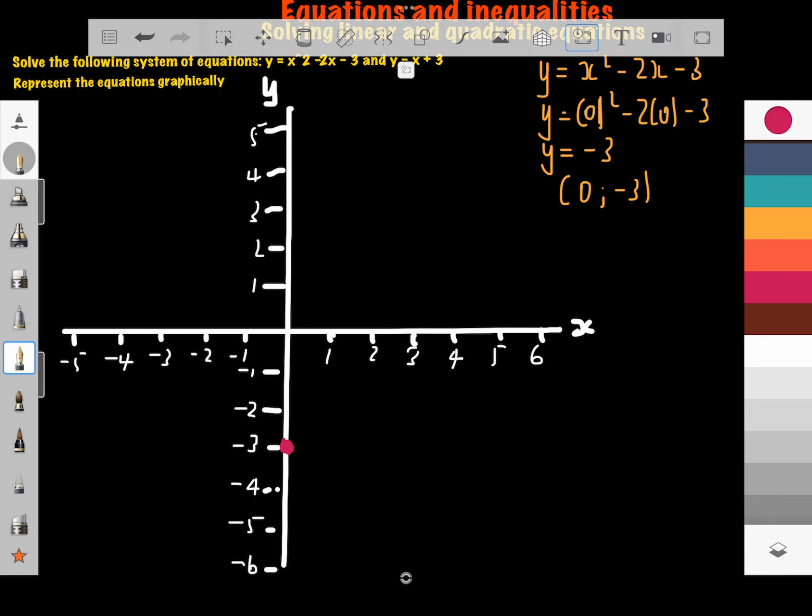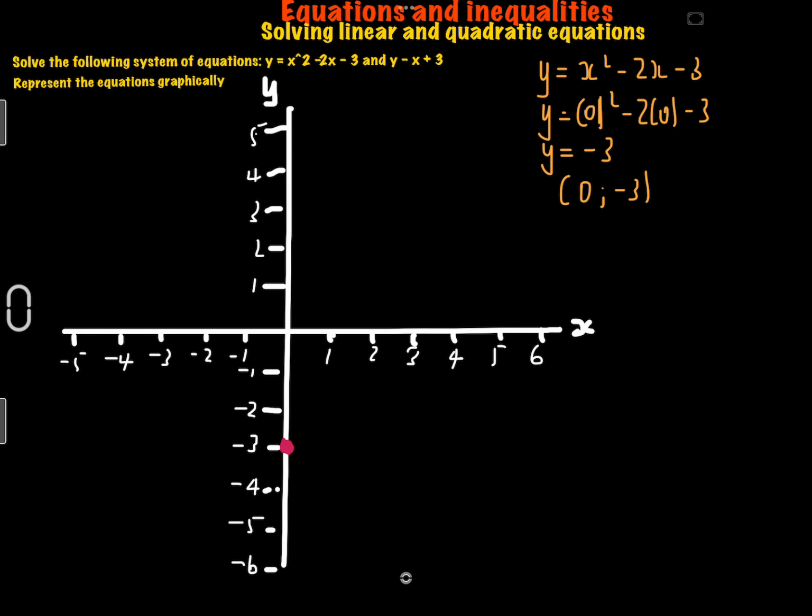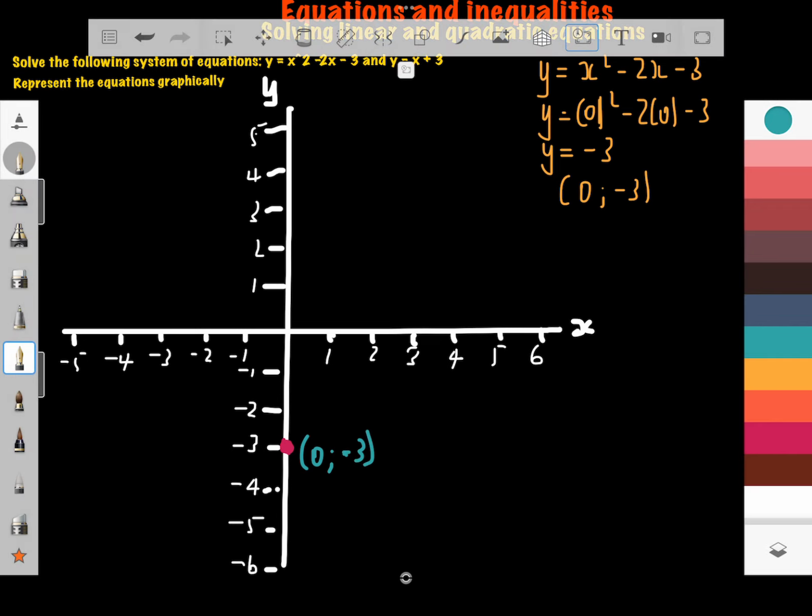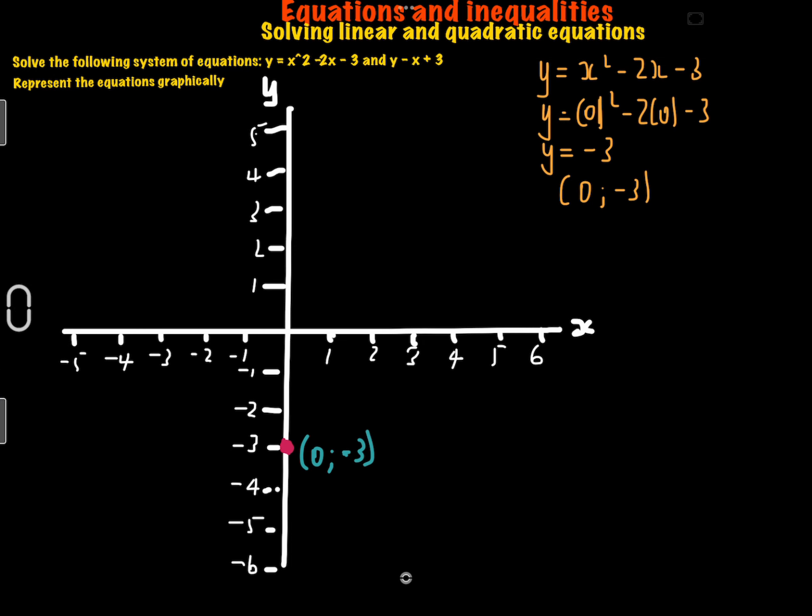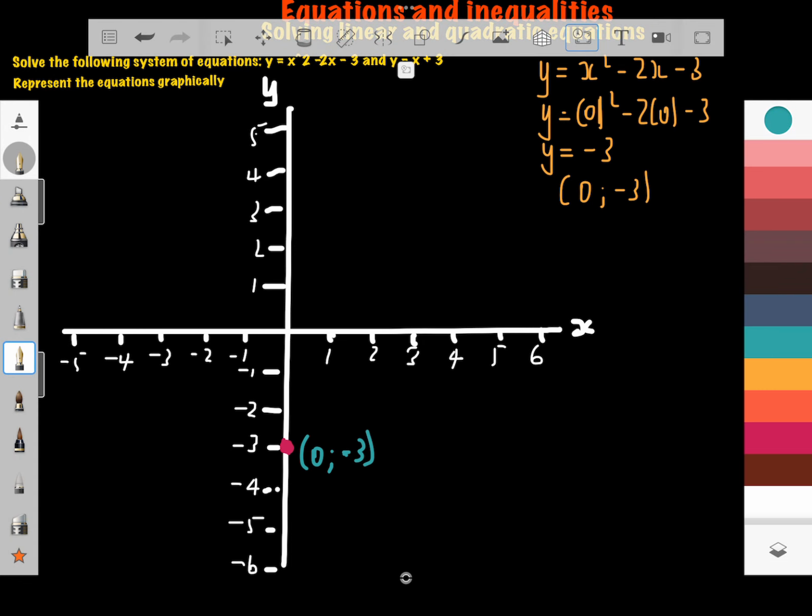It will also be viable to indicate that at this point x is 0 and y is -3. Okay, now moving forward, we just found the value of y when x is 0.